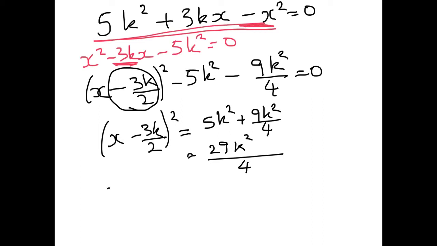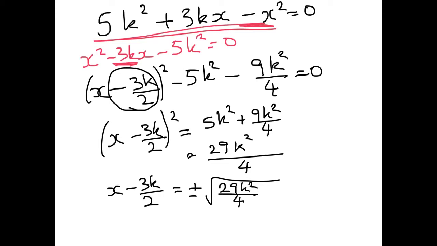Now, if I take square roots of both sides, x minus 3k on 2 is equal to positive or negative square root of this. So x is equal to 3k on 2 plus or minus the square root of 29k divided by 2.